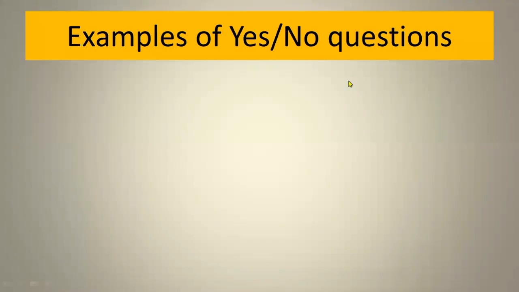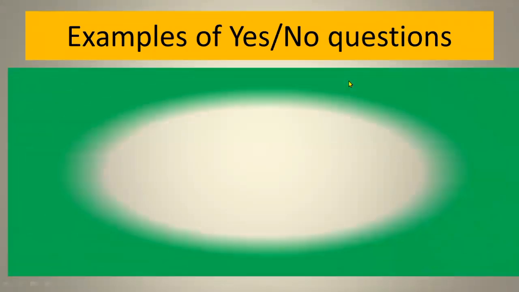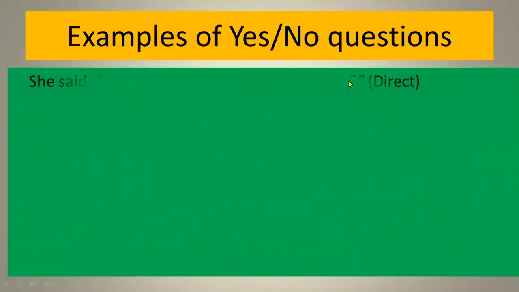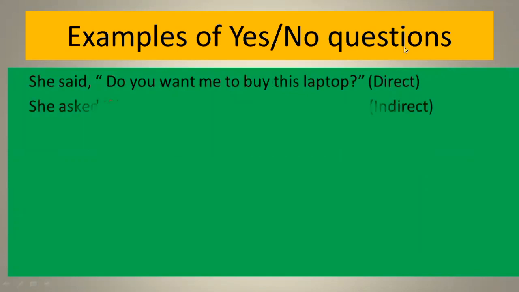Now look at examples of yes-no questions. She said, do you want me to buy this laptop? She asked if he wanted her to buy that laptop. First sentence is direct speech.